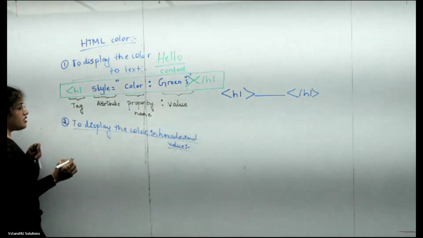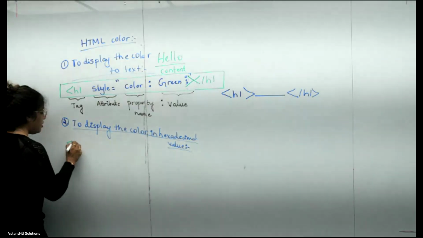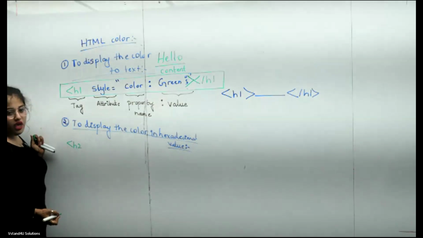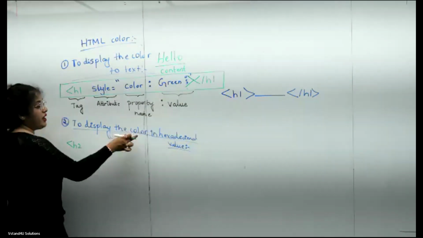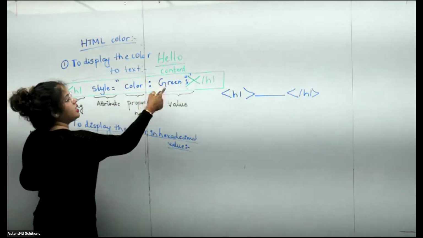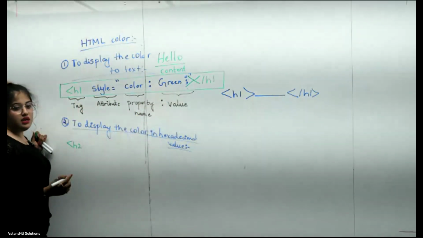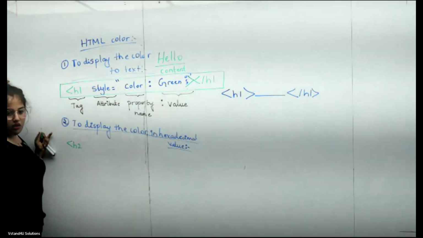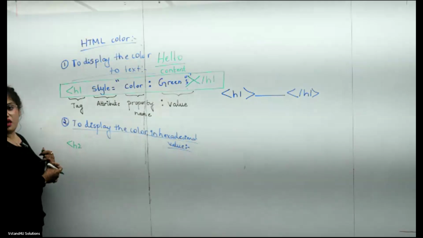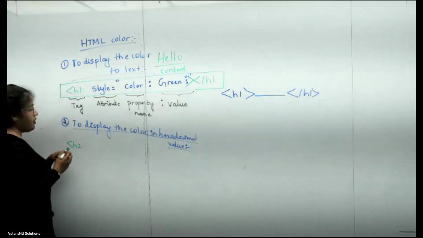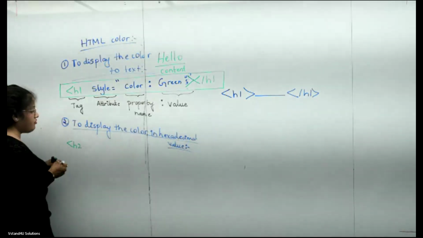I will consider the same H1 tag. Okay, or you consider whichever tag. Okay, I'll take H2 tag. Now I want to display the same color, but not in the type of a name, but in the type of a hexadecimal value. Clear? So now, if I have to get the color displayed, which attribute do I have to use?